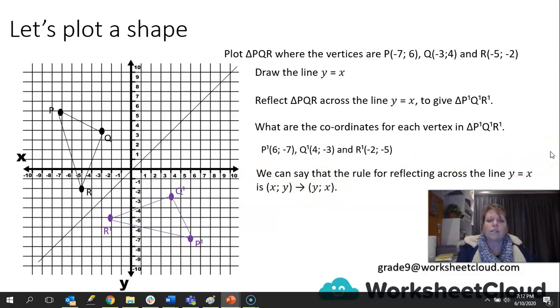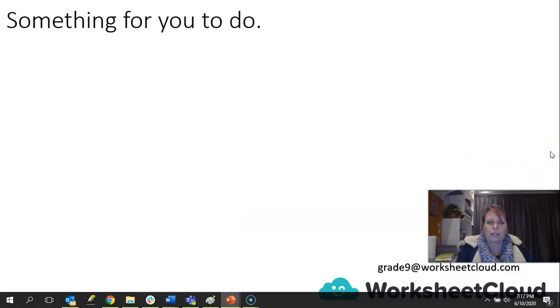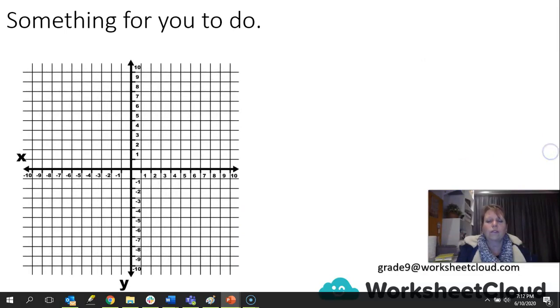Right, so now I want you to try something. Here's a Cartesian plane, and we've got point A, point B, point C, point D, and we are going to join those points to form a shape. So we draw a line from A to B, B to C, C to D, and D to A. Now you can see that there is a shape there, and I'm sure you all know what it's called.